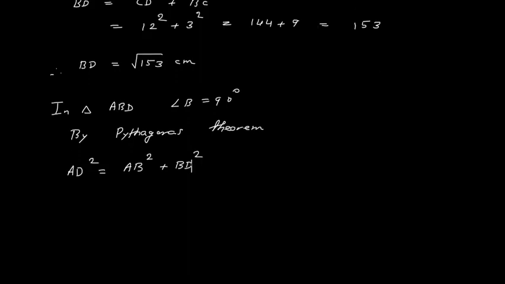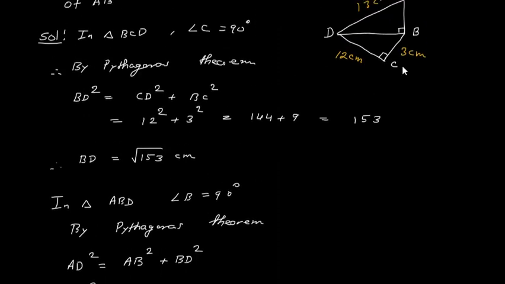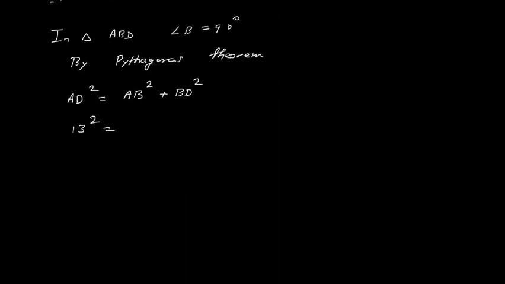Now value of AD is given 13. So 13 square is equals to value of AB, we don't know, so it is AB square plus this BD square. Now BD is root 153, so BD square is 153. So this 13 square is 169 is equals to AB square plus 153.